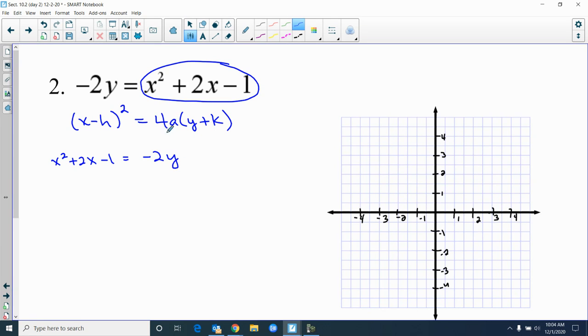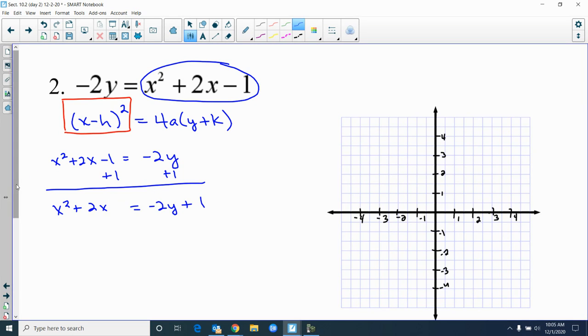To make a quantity squared, we have to complete the square. To do that, you want to keep the terms with the x's on the same side. So move the 1 over to the other side. So I got x squared plus 2x equals negative 2y plus 1.